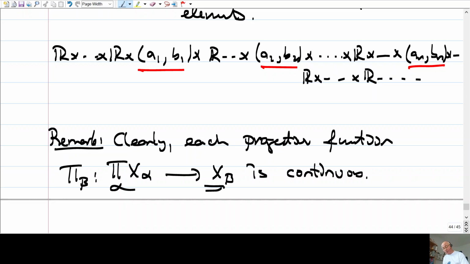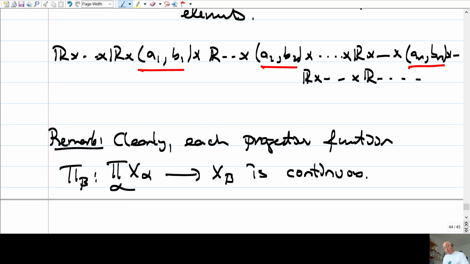I take an open set here in X beta, and look at its inverse image. Those elements are my sub-basis elements, and therefore they are elements of the basis, and therefore they are elements of the topology. So these functions are clearly continuous.